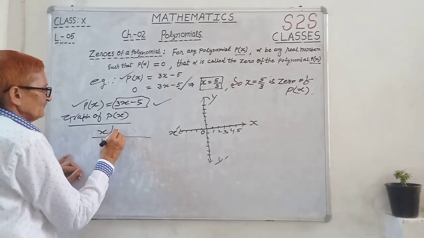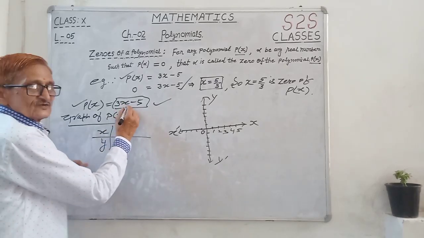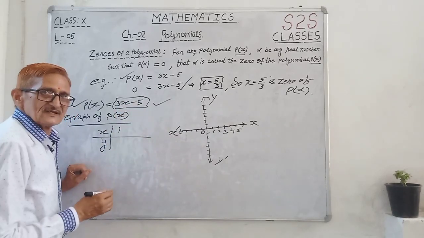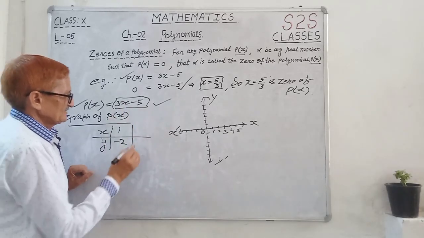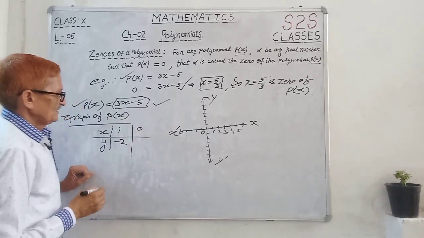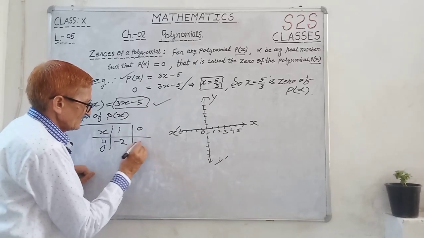If x is 1, put here 1. So 3 into 1, 3 minus 5, minus 2. If we put x as 0, so 3 into 0, 0 minus 5, then minus 5.